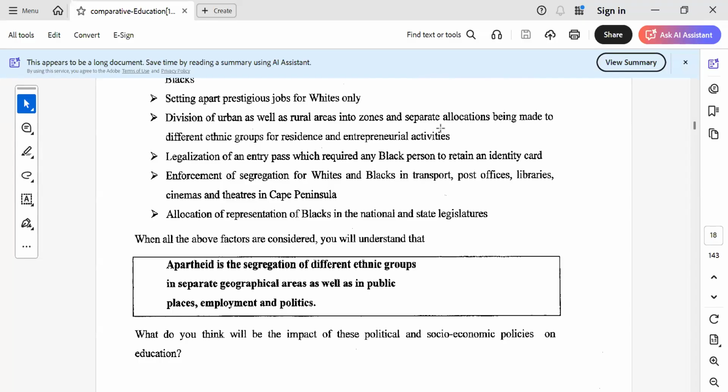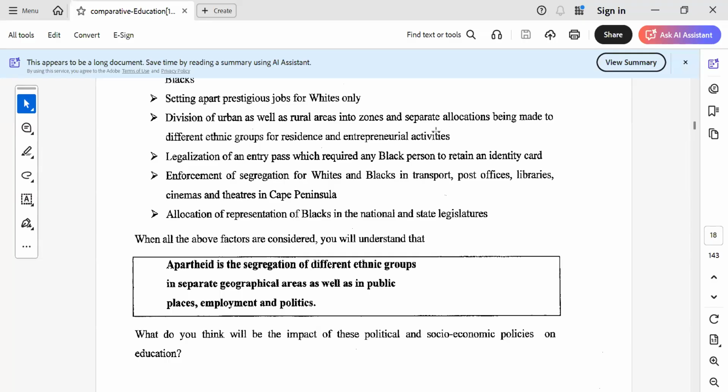Separate geographical areas as well as public places, employment and politics. Transport also has segregation, post offices. They are giving first preference to whites, right? Libraries, cinema and theater in Cape Peninsula.